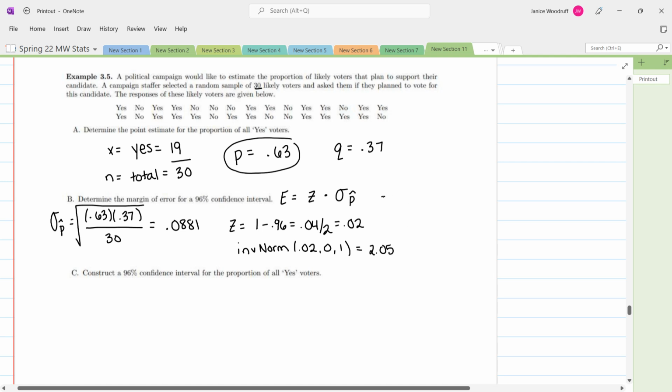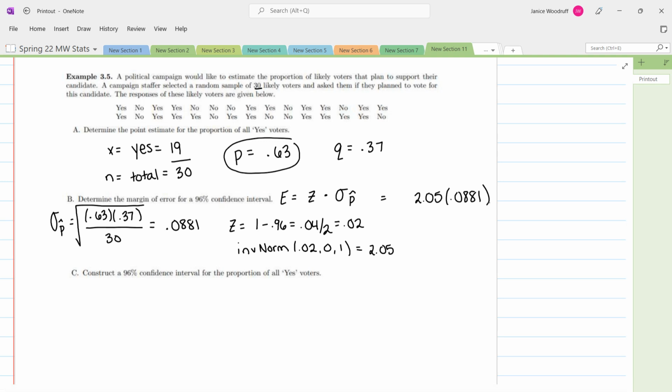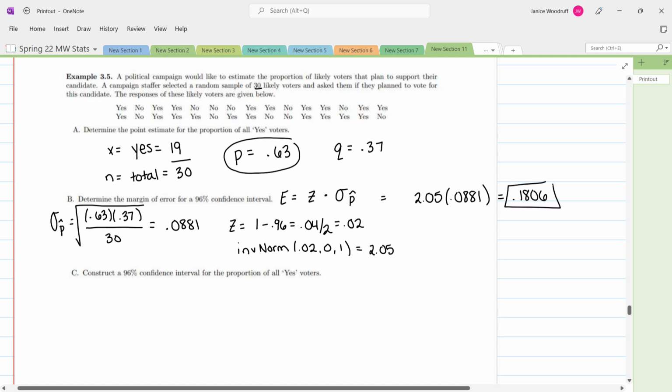All right, so margin of error, we're going to do 2.05 times 0.0881, which will give us 0.1806. So there's our margin of error.